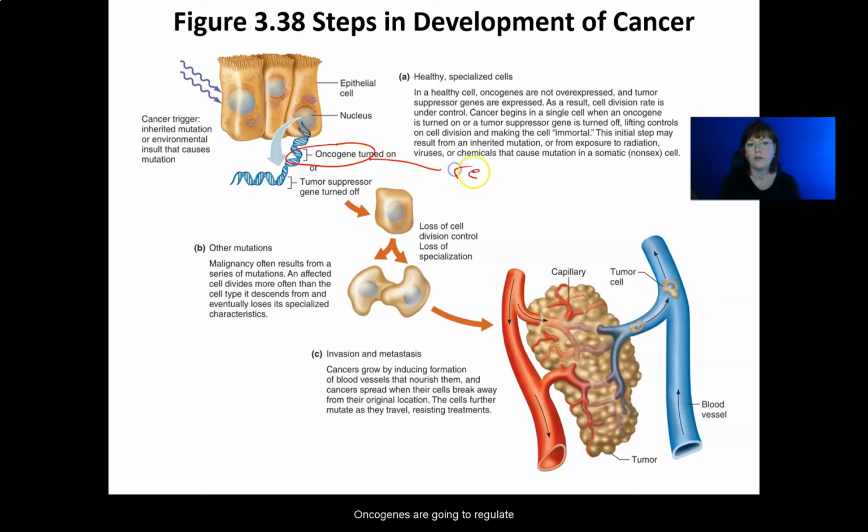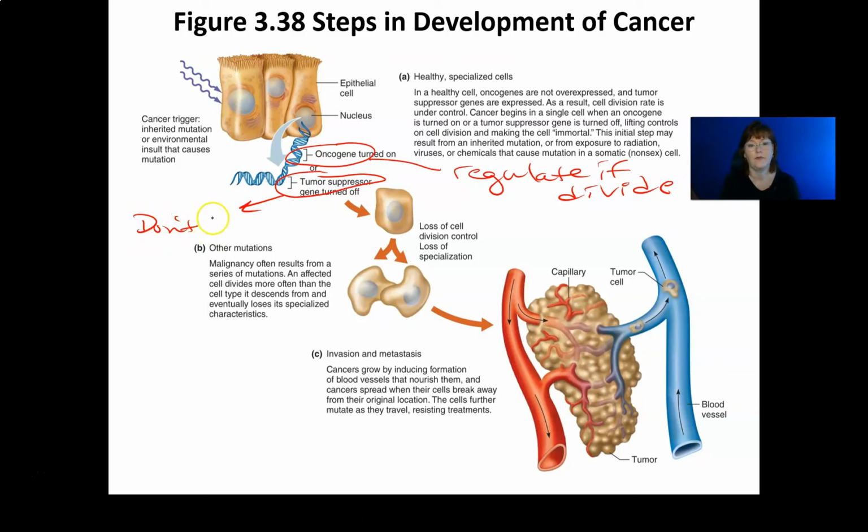Oncogenes are going to regulate if you're going to divide. So they'll tell your cell it's time to divide. A tumor suppressing gene is going to tell that cell not to divide. So essentially you have an on switch for division and an off switch for division.